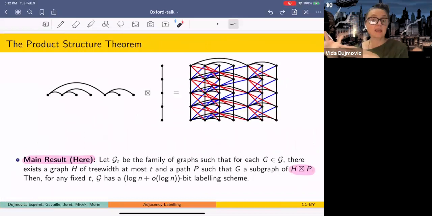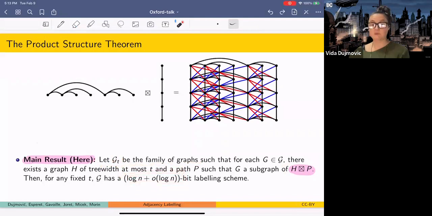It goes back, again, to using product structure theory. What we actually prove is that if you have a family of graphs such that every member of the family is a subgraph of a product of H and a path, and H has treewidth at most T, where T is some constant, then you have a labeling with 1 times log n plus a lower order term bits.